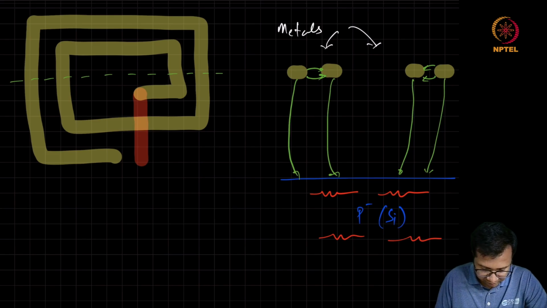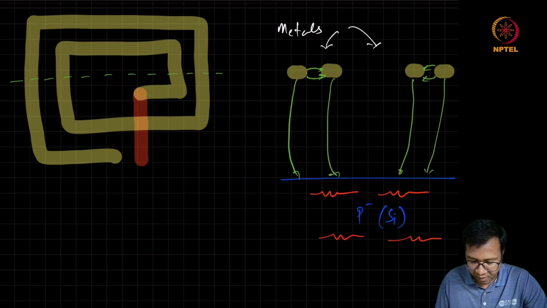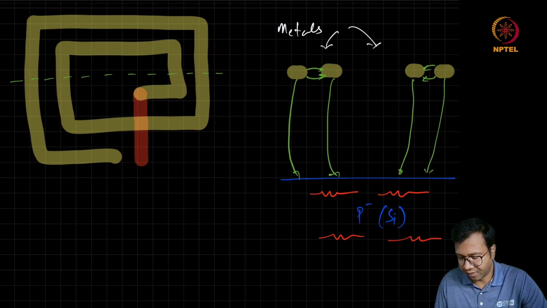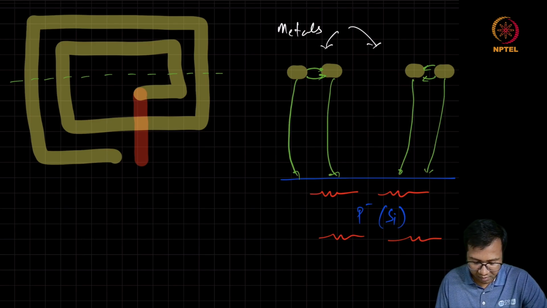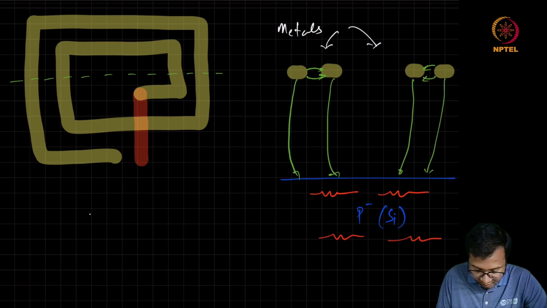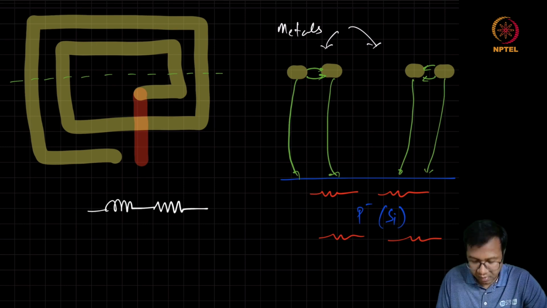So the inductor model which we saw earlier, which had just an inductance and a resistance, now needs to be modified to account for all these various capacitances which may be present.